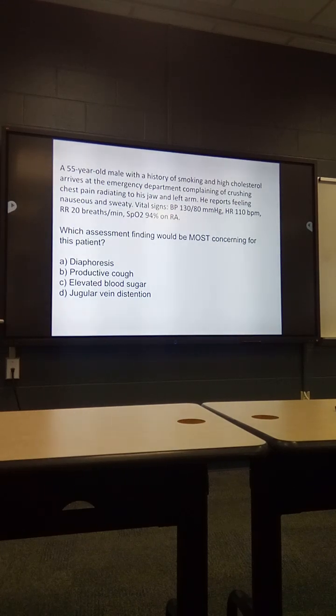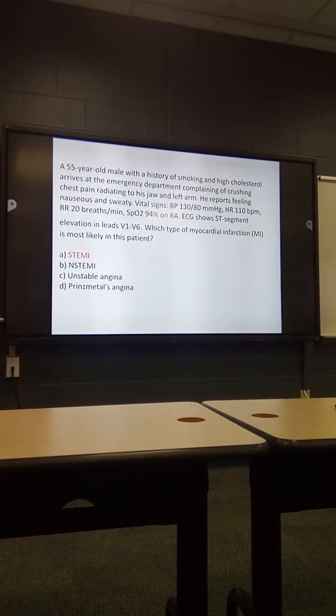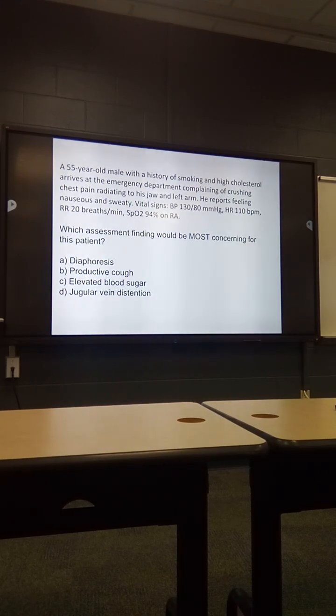Right. And I meant to point that out yesterday when we're getting into heart failure. If that heart is failing, they're going to have signs and symptoms of heart failure. JVD, jugular vein distension, is one symptom of right-sided heart failure, just fluid backing up. So this is the type of question where you're reading a patient history and we're going to say, what would you report to the doctor?